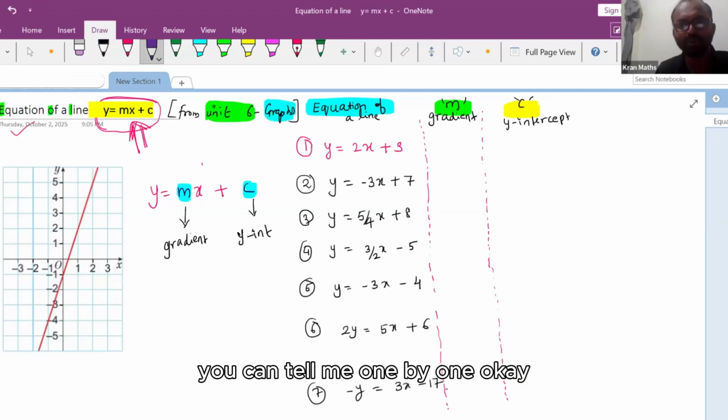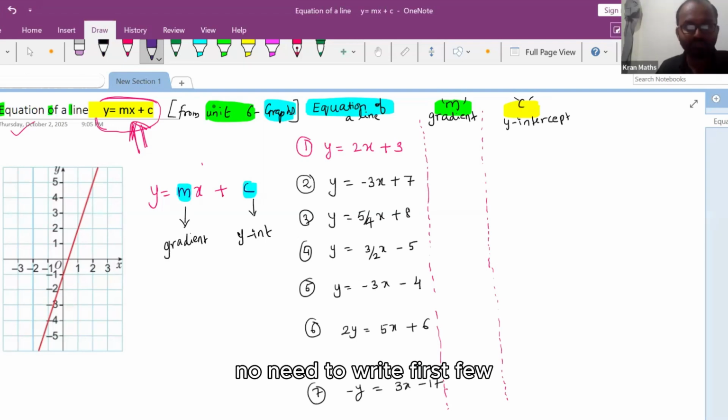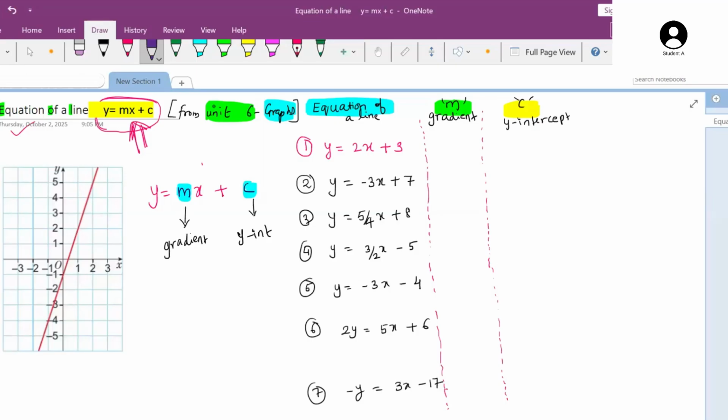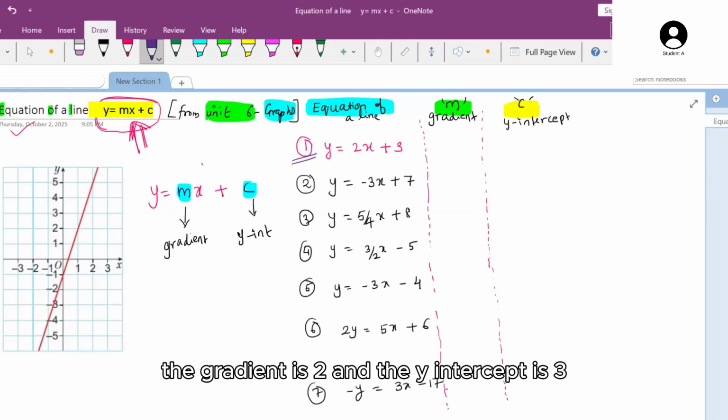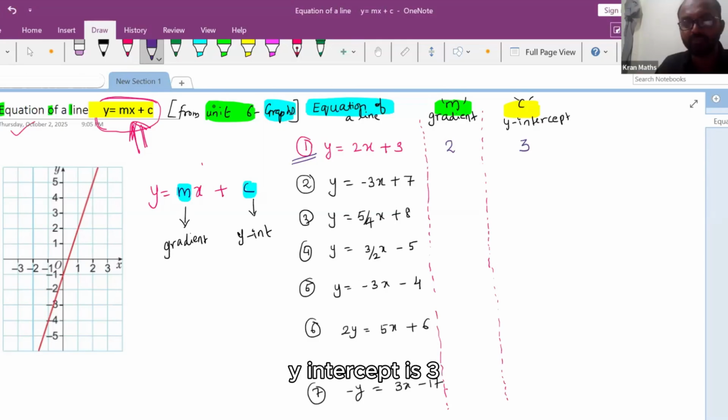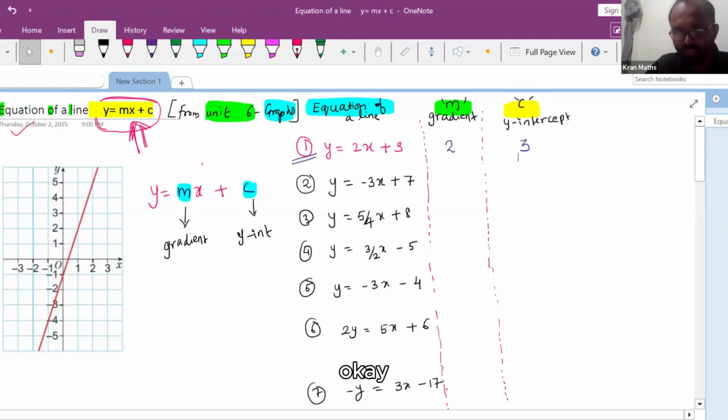You can tell me one by one. No need to write the first few, they are very simple. Let's target the first equation. What is the gradient? The gradient is 2 and the y-intercept is 3. Okay.